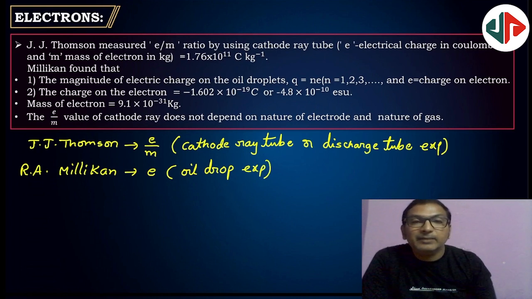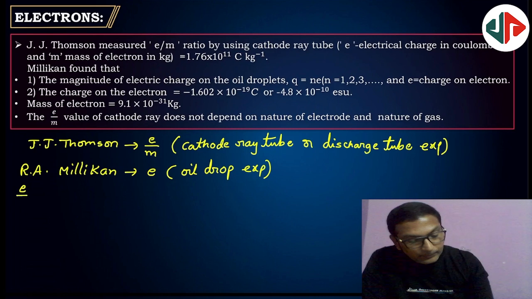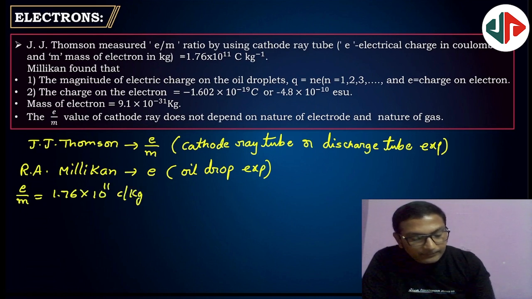The e by m value of electron is given as 1.76 into 10 power 11 coulombs per kg, and the charge of electron according to Millikan is 1.602 into 10 power minus 19 coulombs.